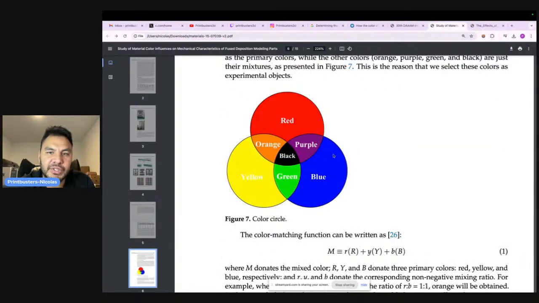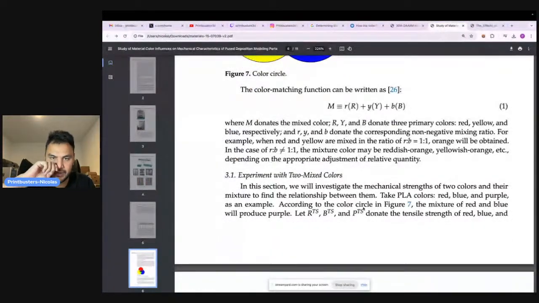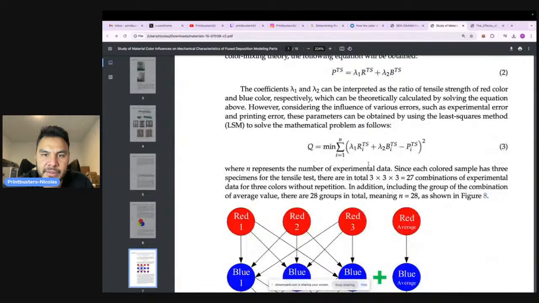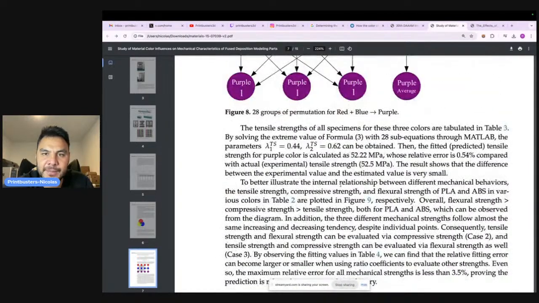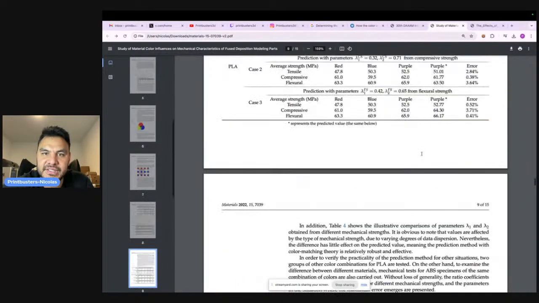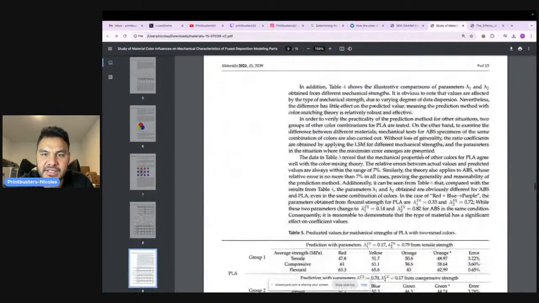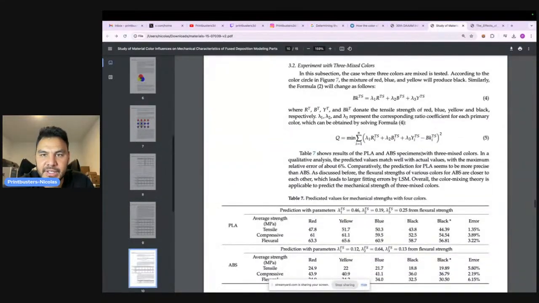Because saying that purple is blue plus red equally, I think it's a little bit pushing the hypothesis. Blah blah blah. So basically, they do the mixing, and then they try to do the mixing between the results and see if it's the same or not, something like this. Yeah, I'm not too sure about that.